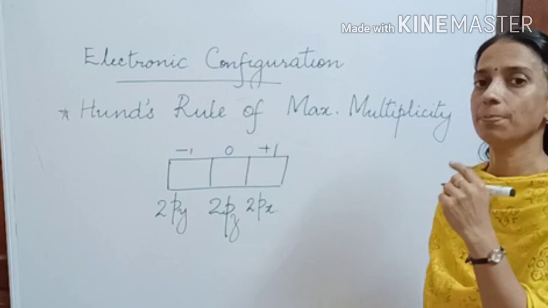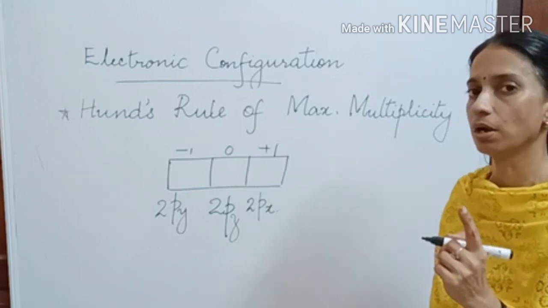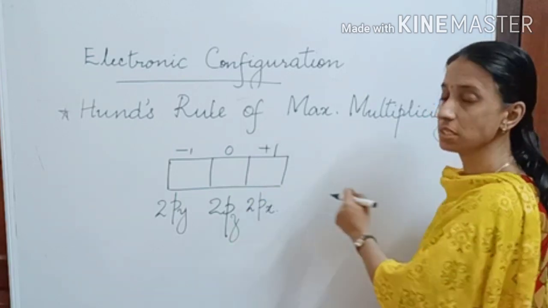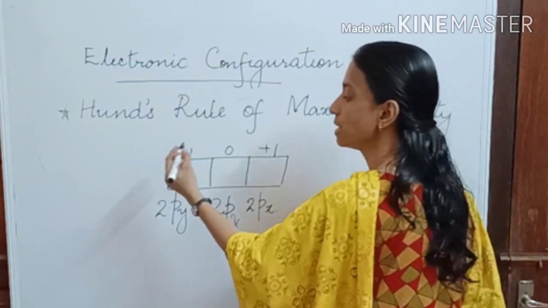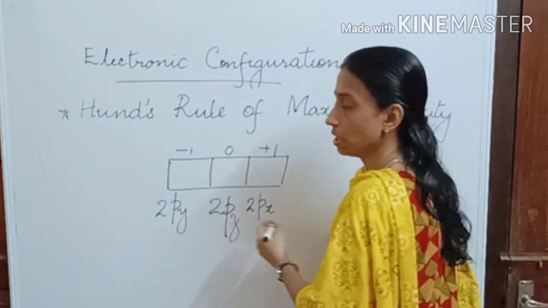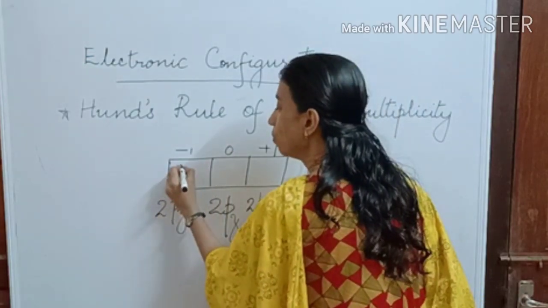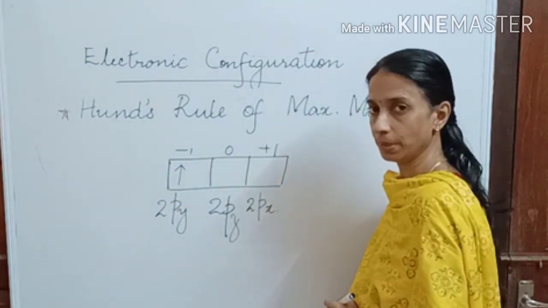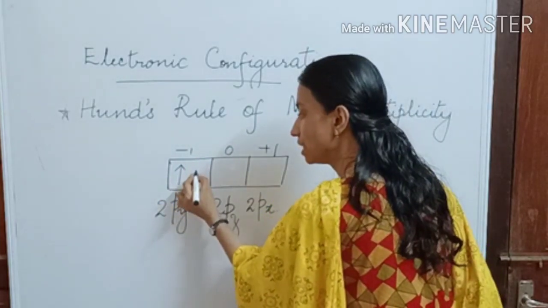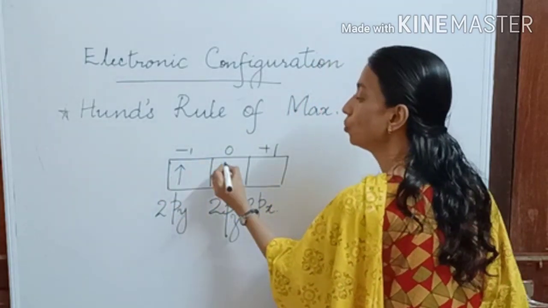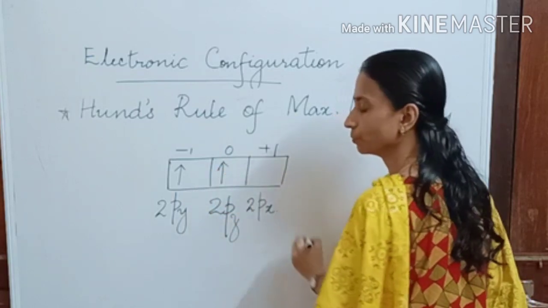The pairing up of electrons will occur only after the orbitals get half filled. That means the first electron entering will go into one of the orbitals here. The second electron, instead of entering the same one, will go to the next orbital.